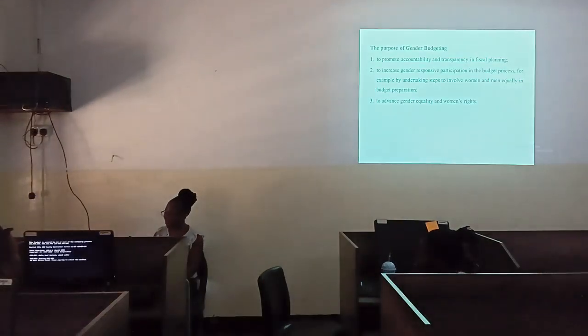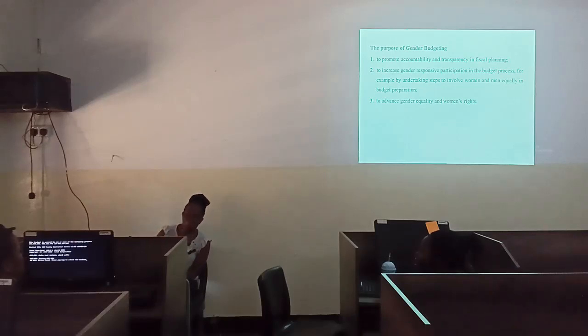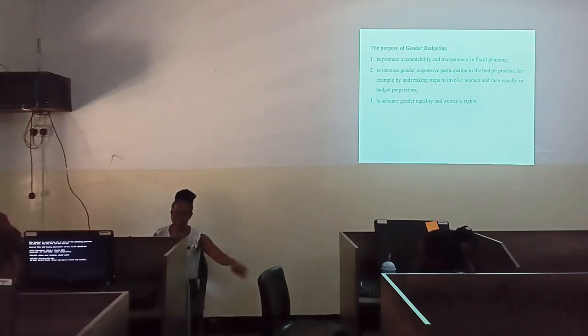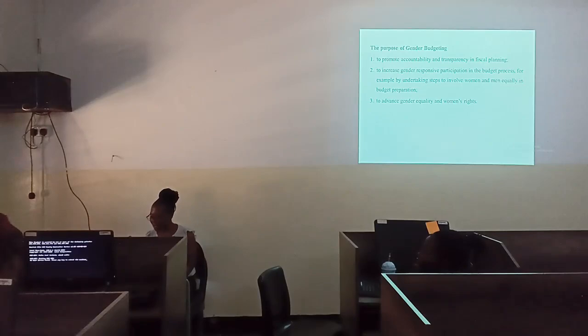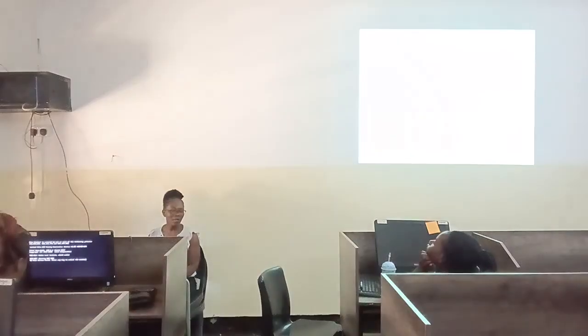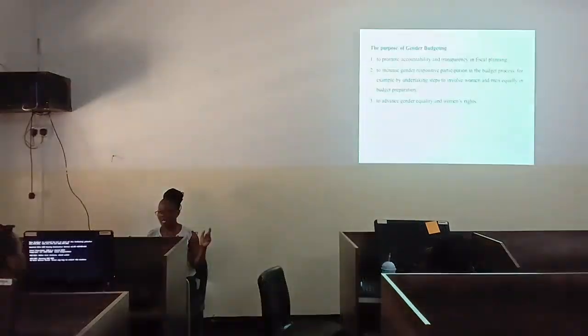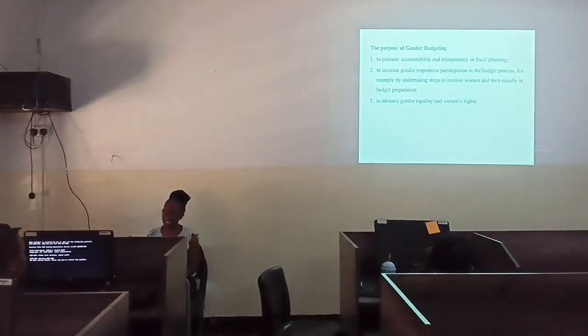When preparing a budget, both men and women are included. Imagine if you have issues concerning women. And to advance gender equality and women's rights. Those are the purposes of gender budgeting.